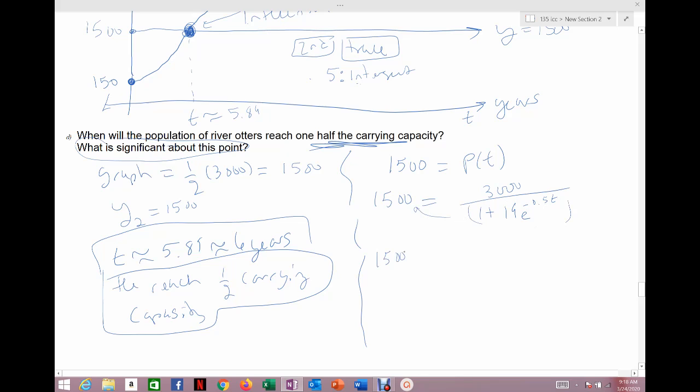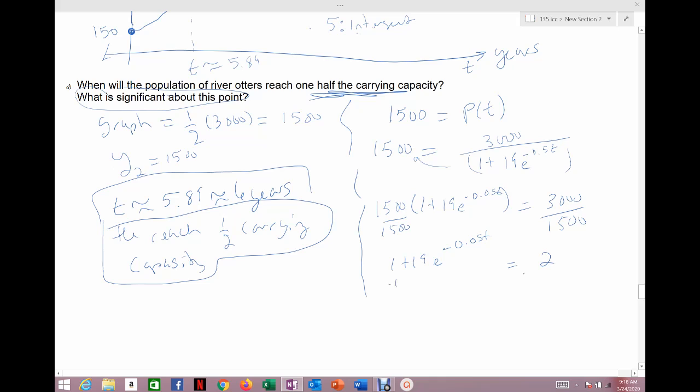So you get 1,500 times the 1 plus 19e to the negative 0.05t equals 3,000. Divide by that 1,500. Forgot my t there. Subtract 1, so you get 19e to the negative 0.05t equals 1.